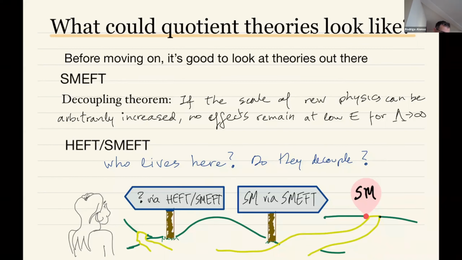Now the question is, if I take the HEFT over SMEFT road, this quotient theory road, where does it lead me? And is there any way, any kind of backdoor through the quotient theories to get to the standard model? Is there any other way to approach it that we still don't know about? And that's an open question. All present indication seems to say we don't have such a backdoor to the standard model, but I don't think the question is settled yet.